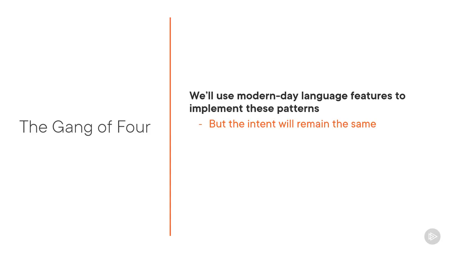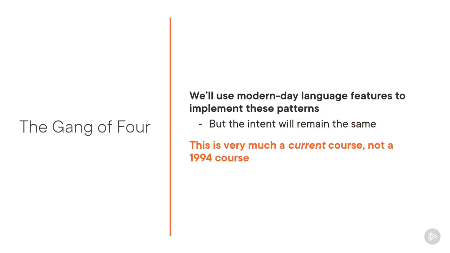As far as some of the use cases, consequences, and related patterns are concerned, not everything from the book is current today, and some consequences or use cases that are common today weren't at the time the book was written. Where applicable, these will be adjusted. This is very much a current course and not a 1994 course.